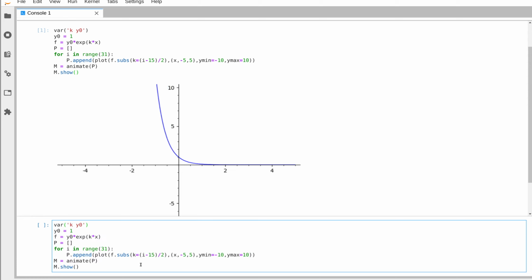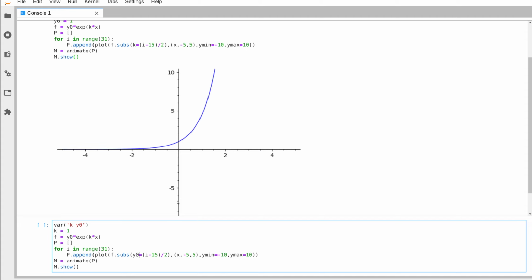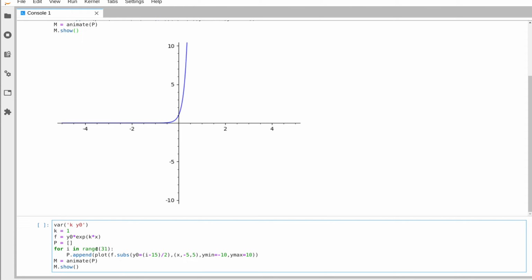Let's change this around so that we are fixing k equal to 1. And then let's change it so that now we want to substitute in different values of y naught. So you can make a guess here. I'll let you think about what this should look like, and then we'll find out if you're right.